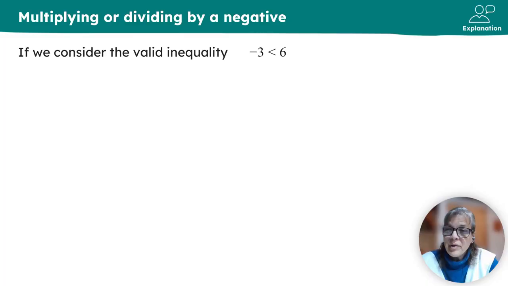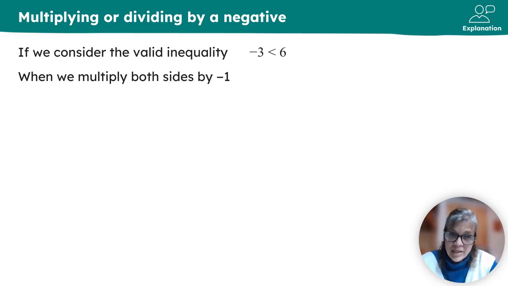Why does this happen? Think about this inequality. It's a true statement. -3 is less than 6, right? We'd all agree. I'd rather have 6 than -3. If I multiply both sides by -1, I'm doing the same thing to both sides. That's normally what we can do with an equation.